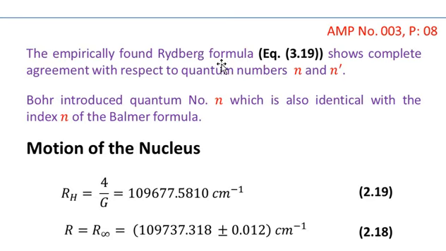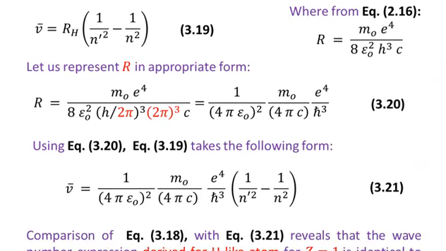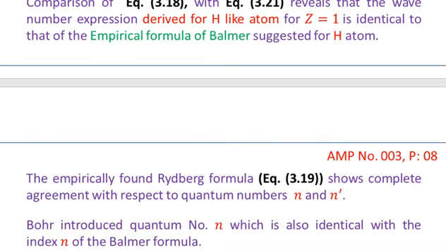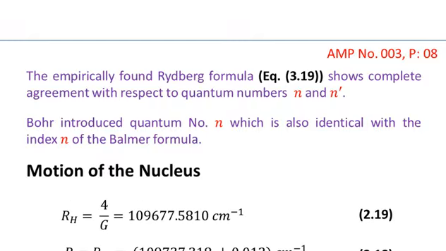The empirically found Rydberg formula, that is equation number 3.19. Let me show you. This is 3.19. The empirically found Rydberg formula given in equation number 3.19 shows complete agreement with respect to the quantum numbers n and n prime.